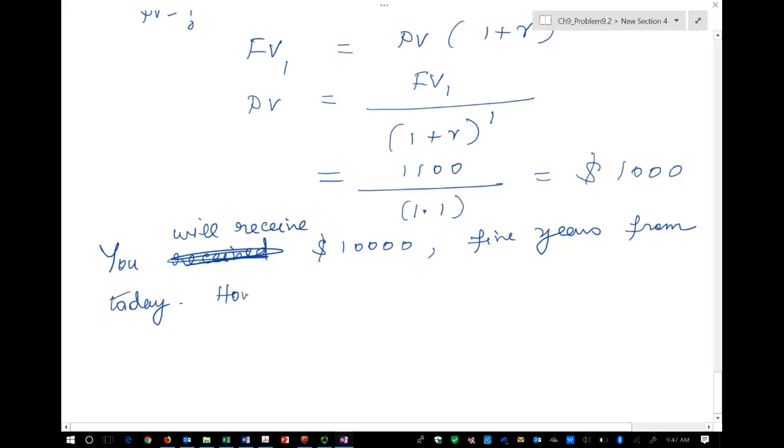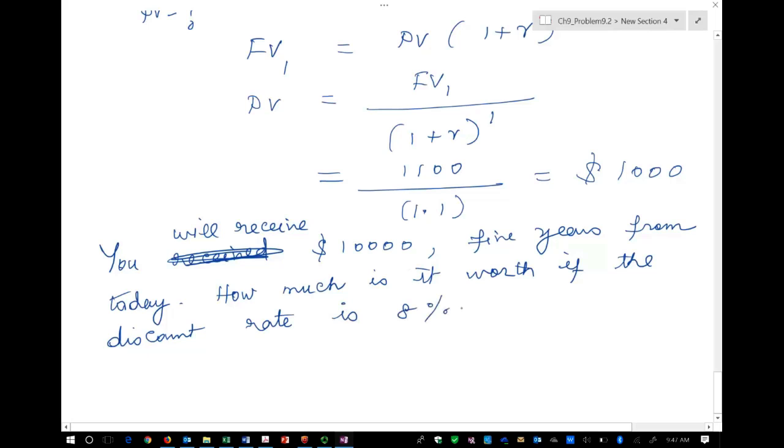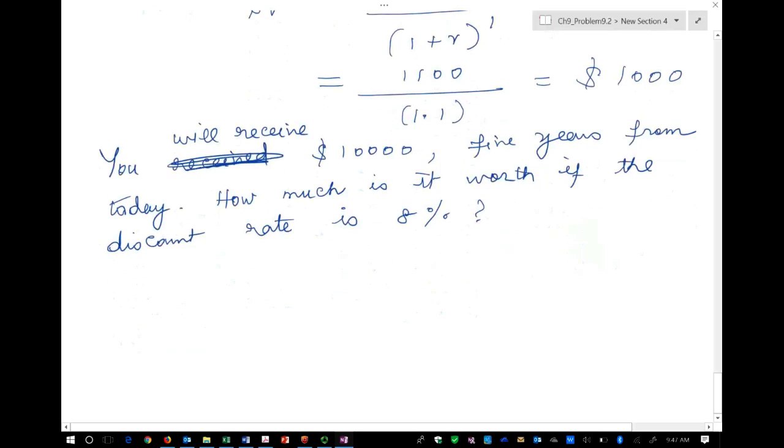How much is it worth? If the discount rate is 8%. So, what will you do?